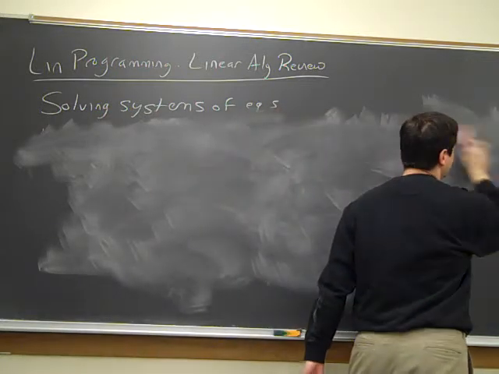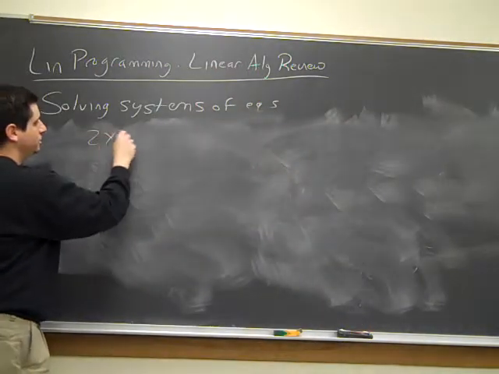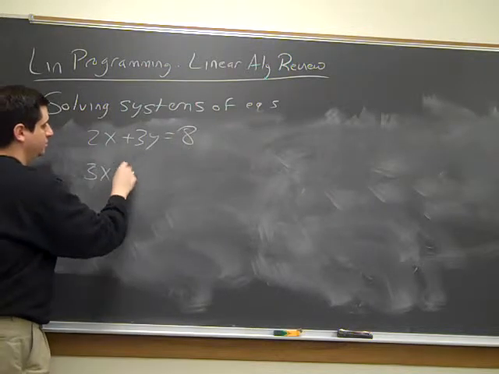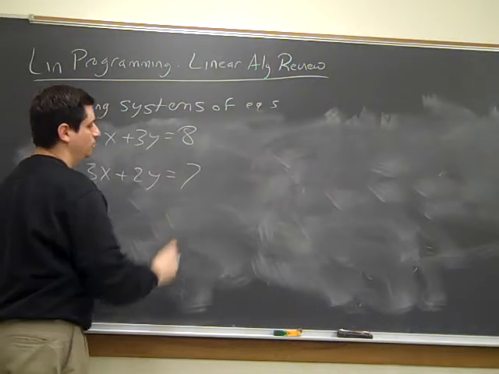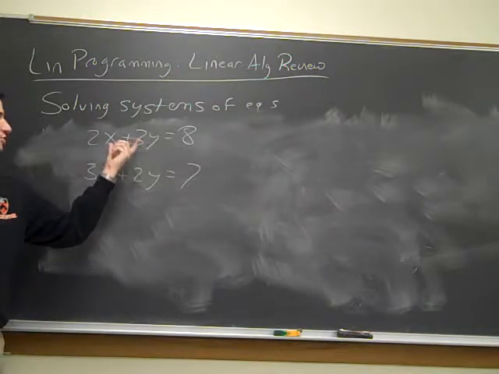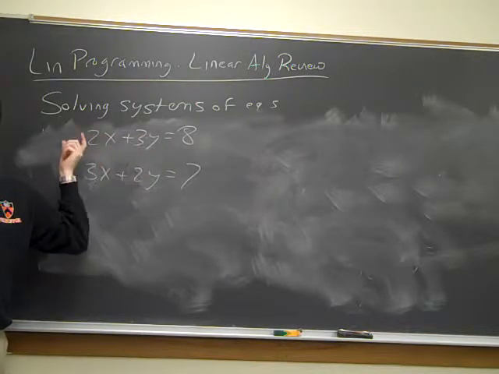But let's go back to our equation in the plane. So we had initially 2x plus 3y equals 8, 3x plus 2y equals 7. What kind of object is 2x plus 3y equals 8? What does this represent?